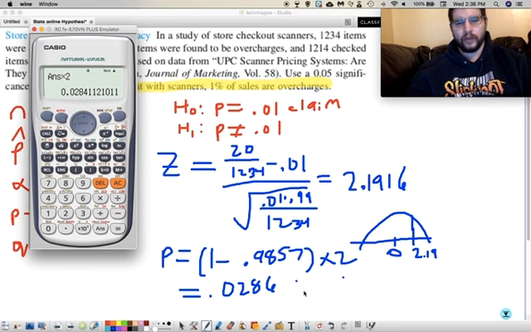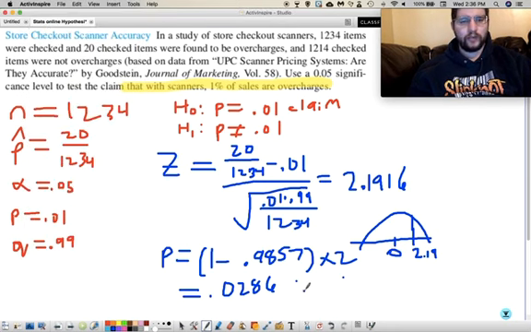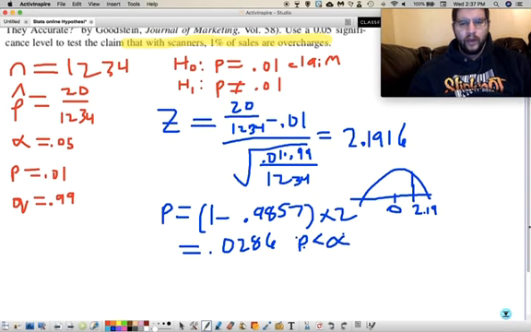There you go. So if we're looking at alpha is 0.05, p is less than alpha. And this is kind of why I like the p-value method better if I'm using the TI.